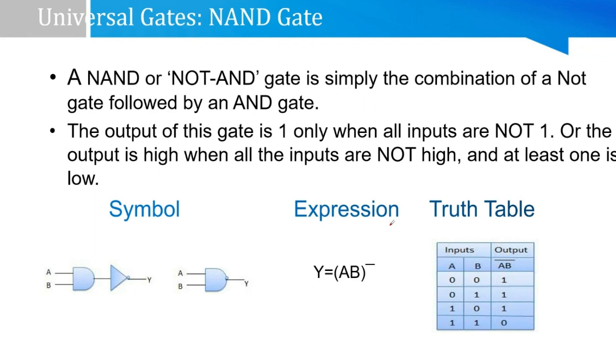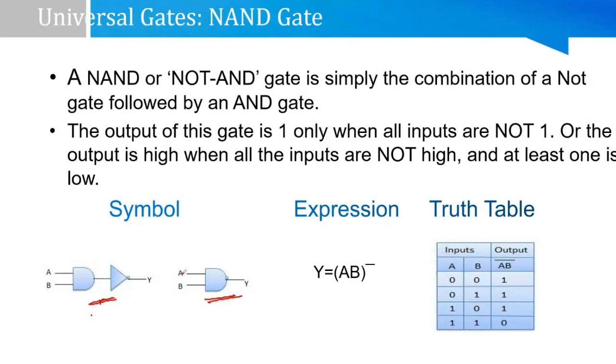For this NAND gate, you should have at least two minimum inputs and you will be getting only one output. This is the symbol of the NAND gate, or else you can see this is an explanation of the NAND gate.